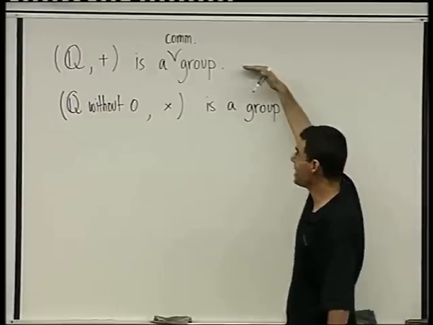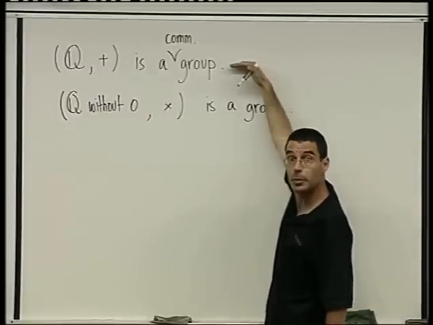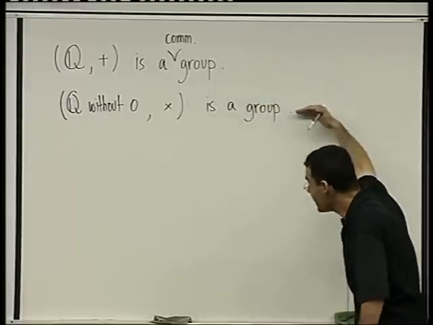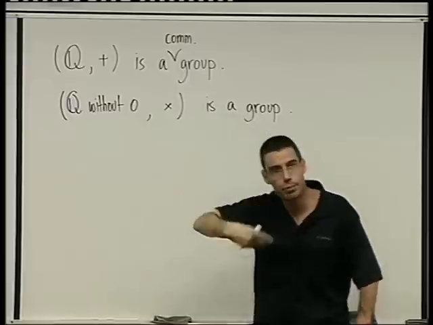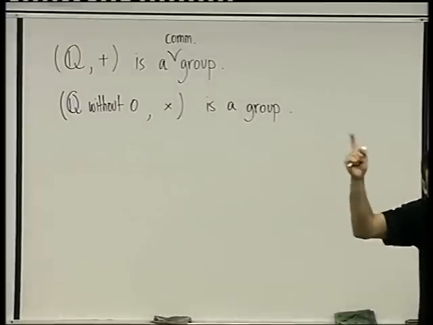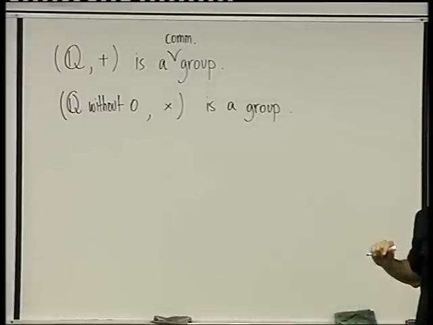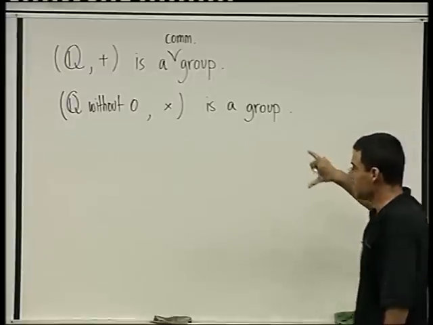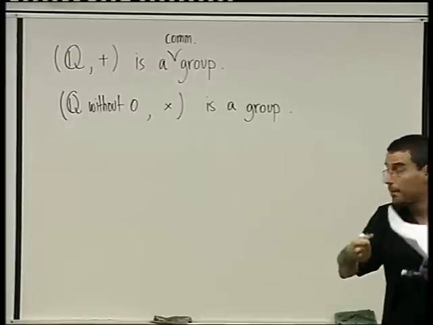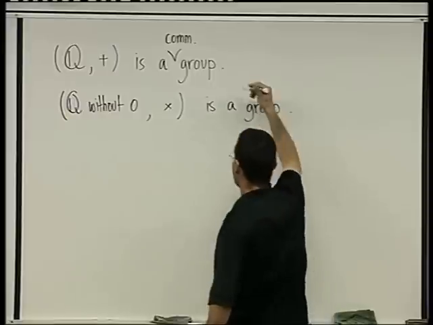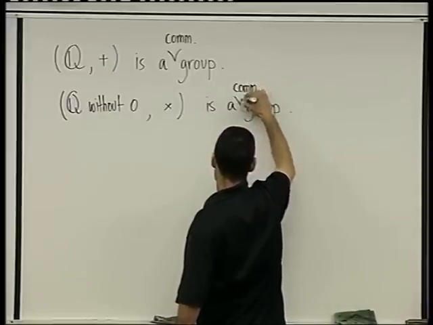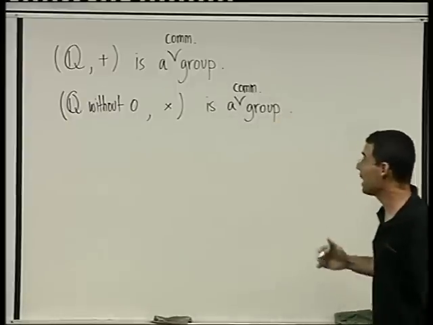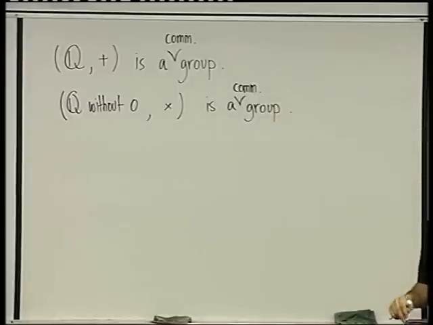It has an additive structure, by which it is a group, and it has a multiplicative structure, by which it's almost a group, but if you throw away the additive identity, it is a group. And these two structures are also commutative. It doesn't matter in which direction you multiply.